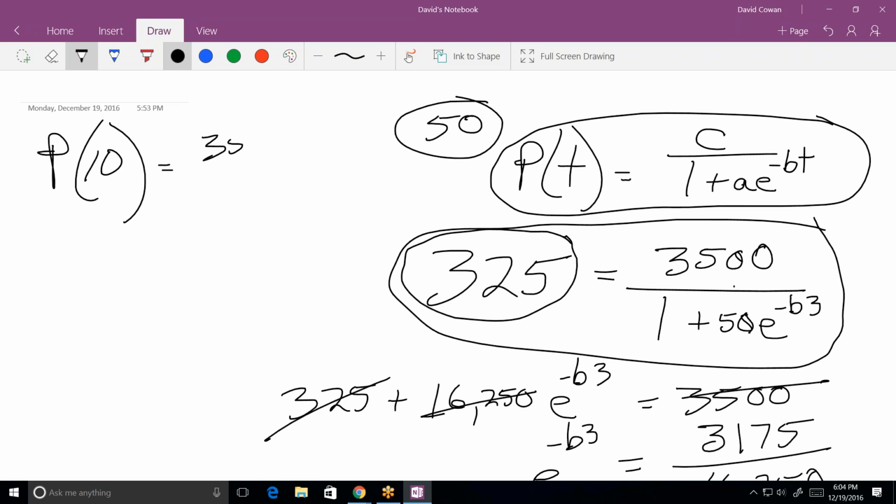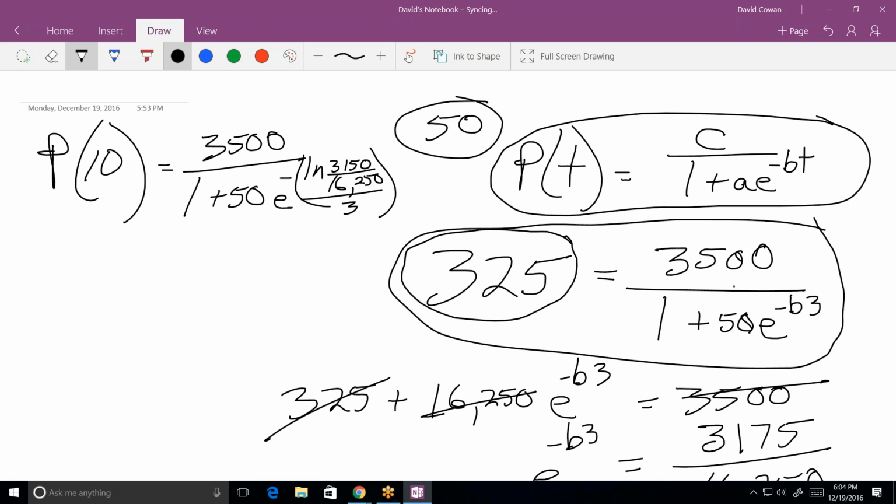Equals 3,500 divided by 1 plus 50, still part of the equation because that's what they started with, times e to the minus natural log of 3150 divided by 16,250, all divided by 3, times 10.